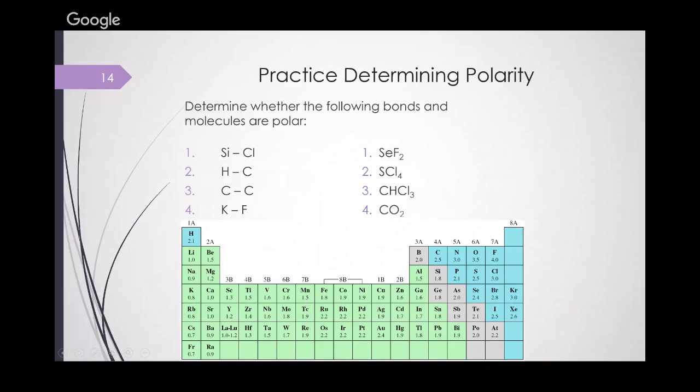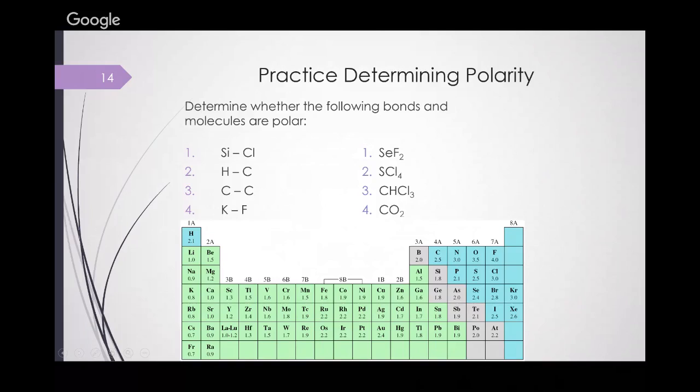I have no lone pairs of electrons. However, my atoms are not the same. I note between carbon and chlorine, that is a polar bond. So this molecule is going to be polar because I have a central atom with no lone pairs of electrons with 4 atoms bonded to it, or I should say 3 of the same and 1 is different.